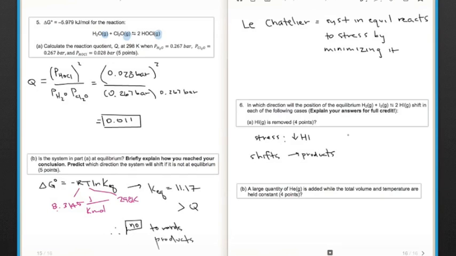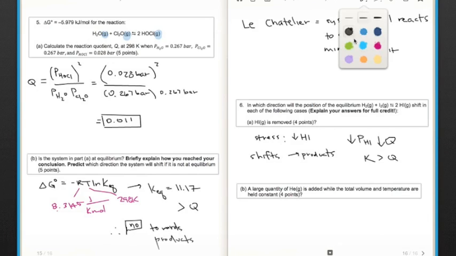You can also think of this in terms of Q and K. And so if we remove HI, we are decreasing its partial pressure in the container. And this will decrease Q if you write out the reaction quotient expression. And so because the system will then have a Q that is less than K, it will shift towards products.